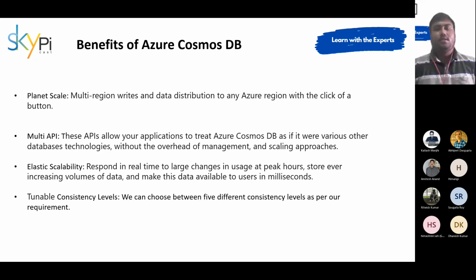In SQL, the data structure is already predefined, which is not the case in Cosmos DB. Cosmos DB is a fully NoSQL database, and the scalability is unlimited, and we get infinite throughput also. And the main benefit of it is planet scale.